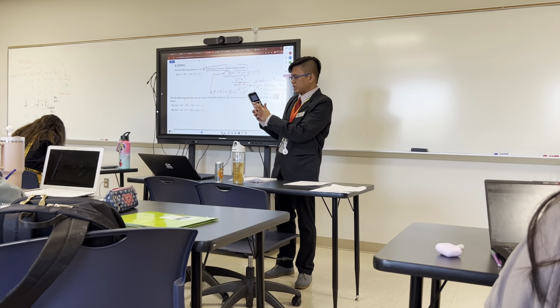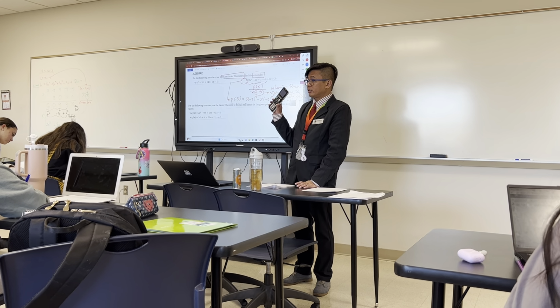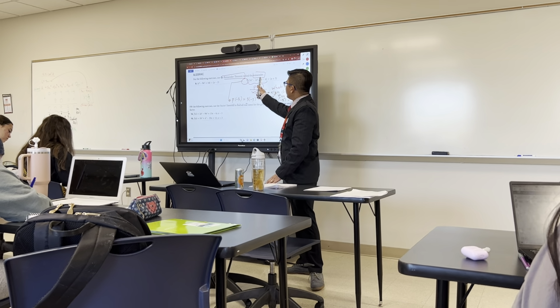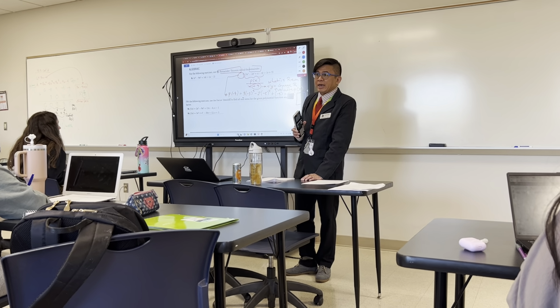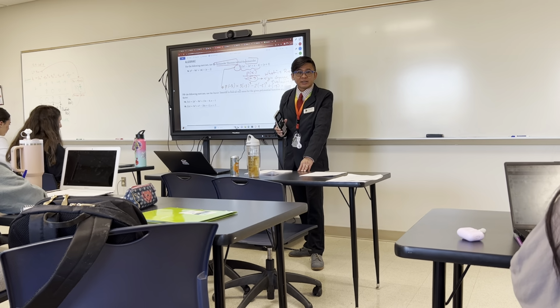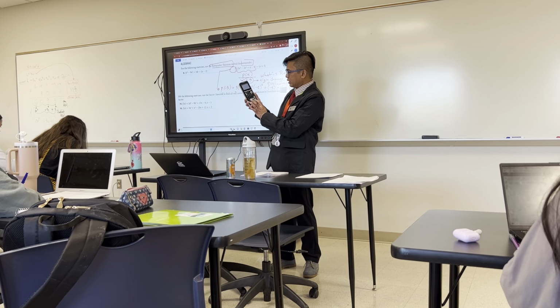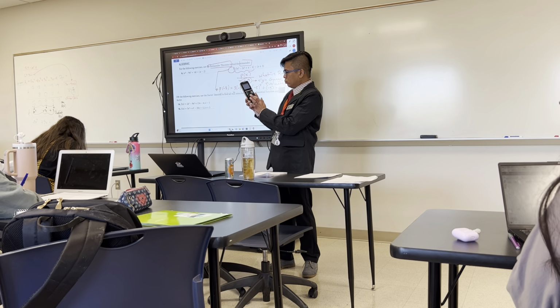We're just evaluating this particular P(x), our polynomial, at negative 3, right? So let's do that one in here. What's that gonna be? 3 times negative 3 cubed.